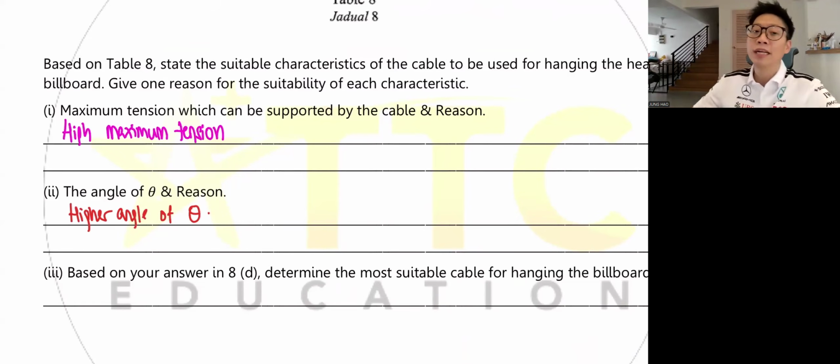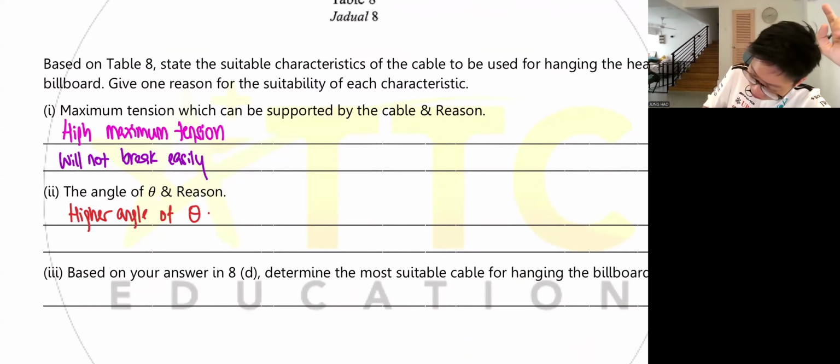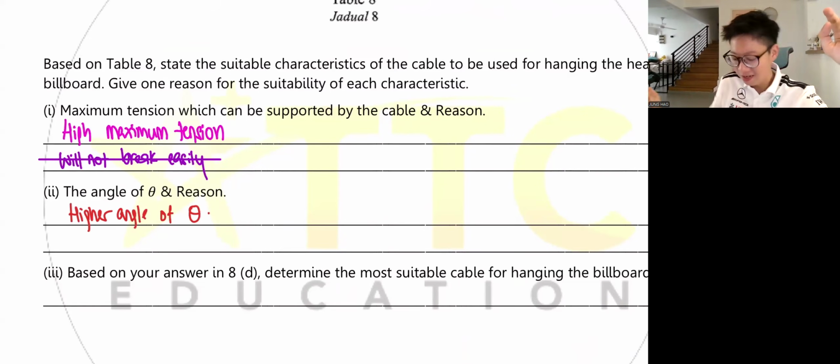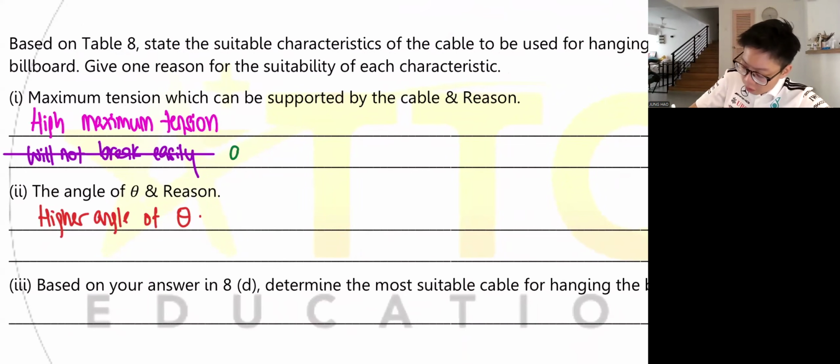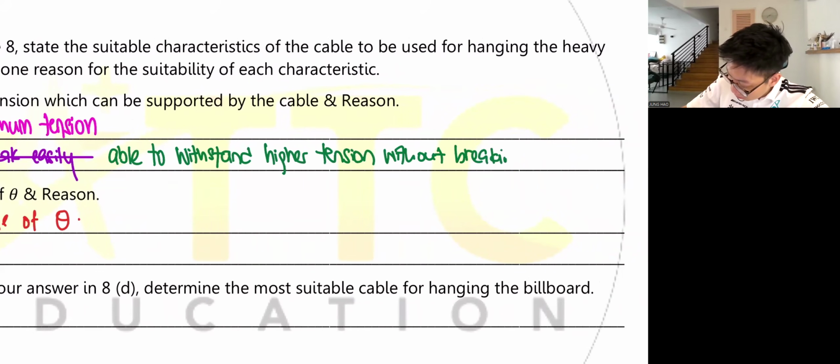So kalau higher maximum tension, guys, don't write this will not break easily. Then what should you write? The answer that I want is I want you to write this: able to withstand higher tension without pecah, without breaking.